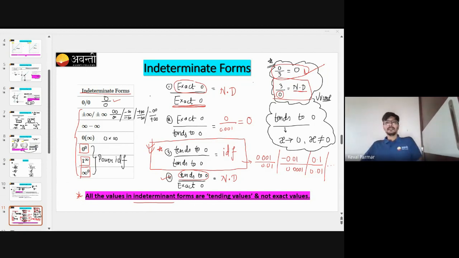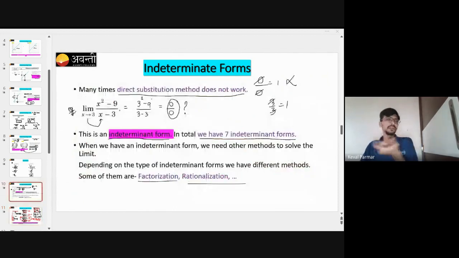So let us move forward now. Before coming to indeterminate form, we were talking about cases where we couldn't find the value of a limit by the direct substitution method, and those are the cases where an indeterminate form appears. So, what to do when an indeterminate form appears?